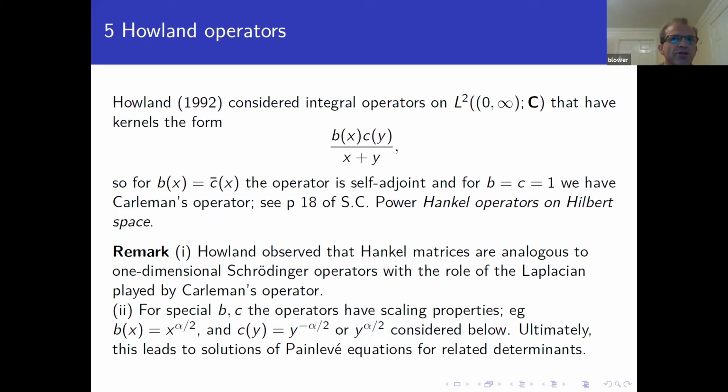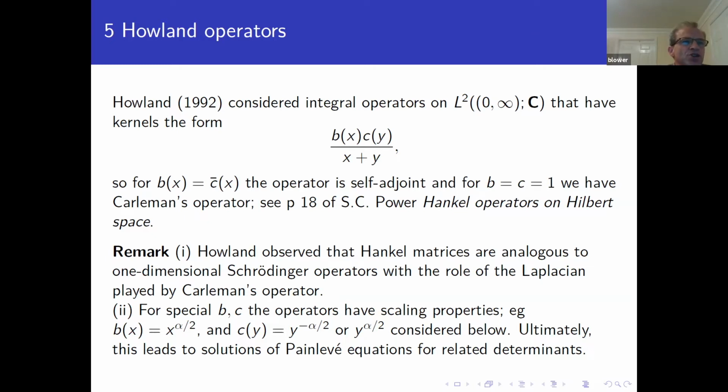Now, Howland made an observation that Hankel matrices are in some respects analogous to one-dimensional Schroedinger operators in which the role of the Laplacian is played by Carleman's operator. So the idea was that some of the results from one-dimensional Schroedinger operators have counterparts for Howland operators of this form.